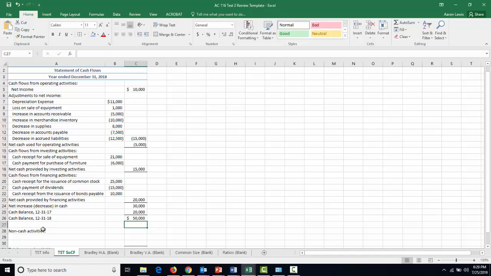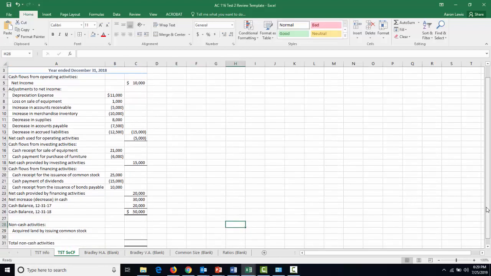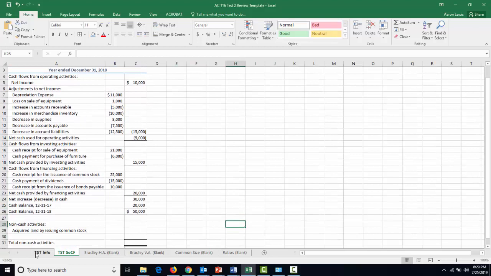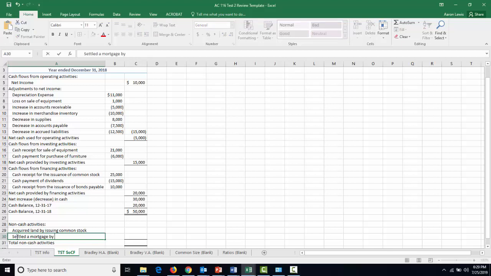Last step that we have to do is take care of our non-cash activities. And from our information, we already determined there were two. One of them, we acquired land by issuing common stock, and in the second one, we settled a mortgage by issuing preferred stock.